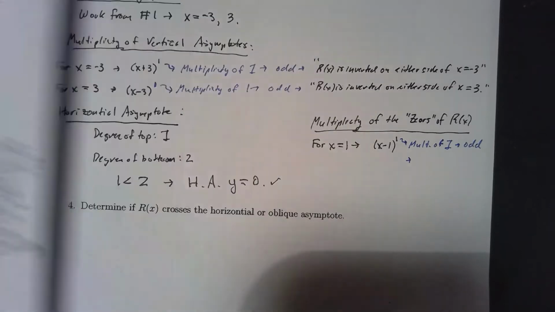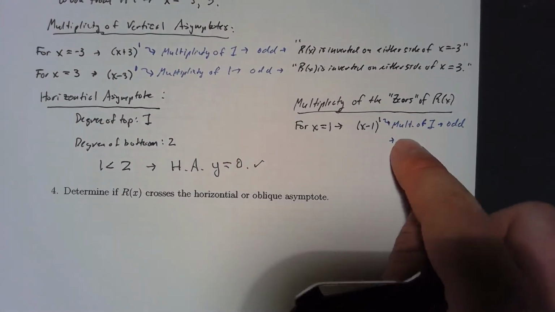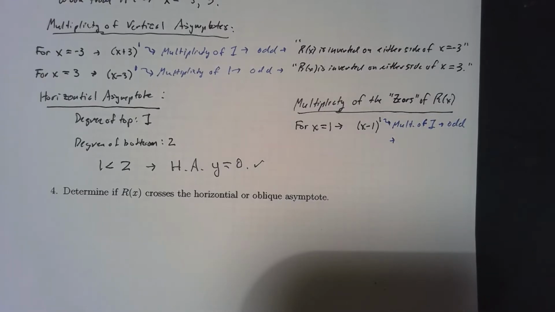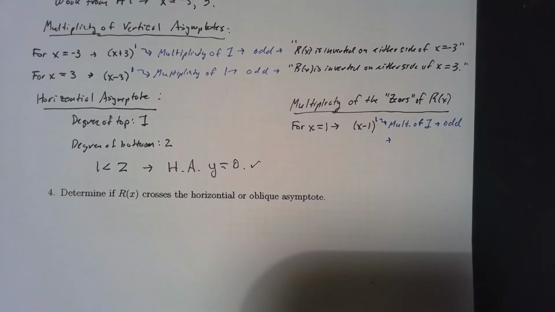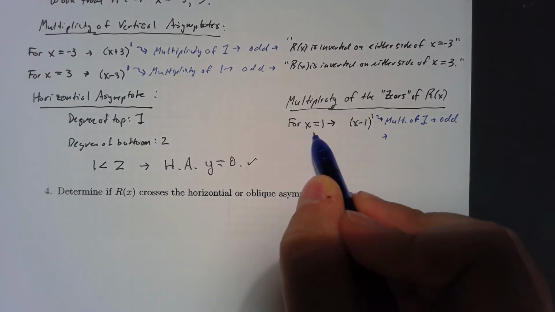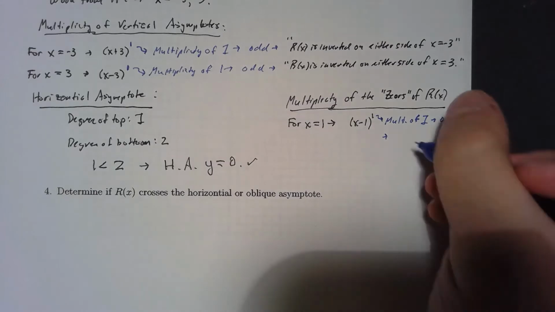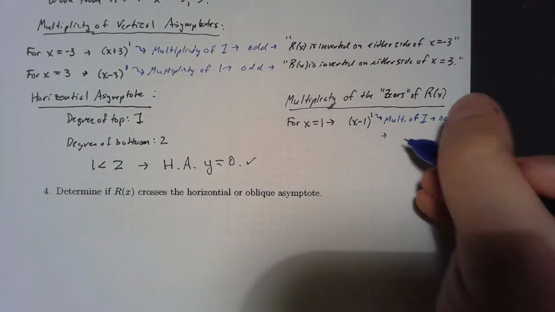Now, since this is a root, or an intercept, remember when we looked at polynomial functions, if I have an odd multiplicity, what does it do at this value at 1? What does it do at this x-intercept? An odd multiplicity means it's going to cross the x-axis at x equals 1.